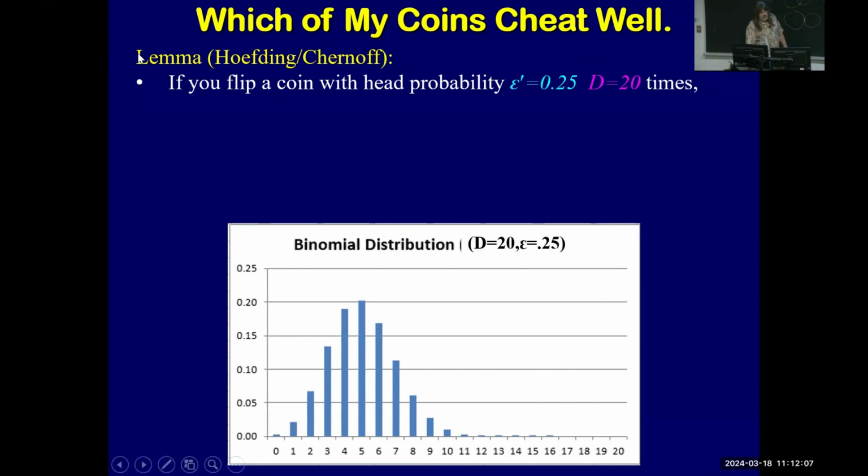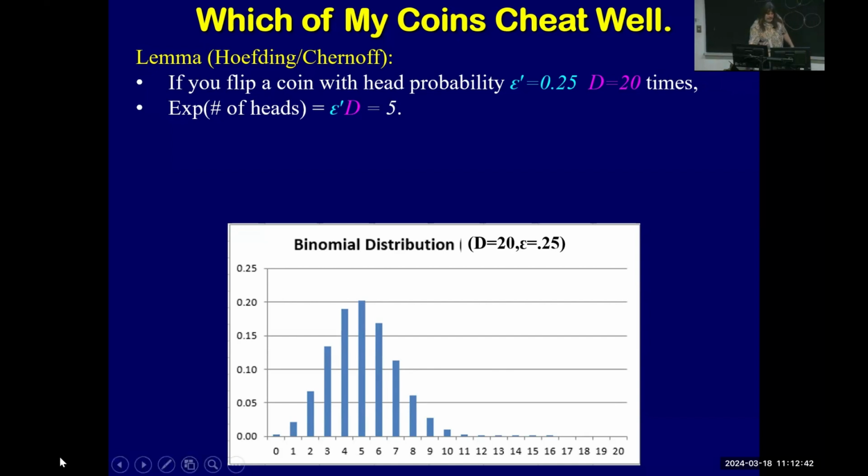If you flip a coin that has the blue distribution, and you flip it 20 times, then the expected number of heads is going to be this times this, which is 5. Everybody buy that? So what we have in this picture is you repeat the experiment many, many times.